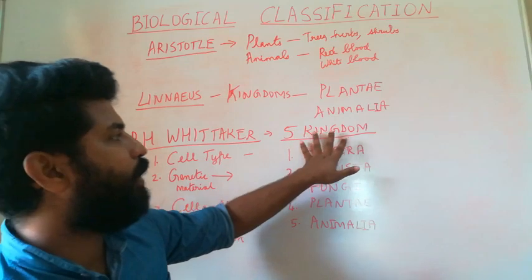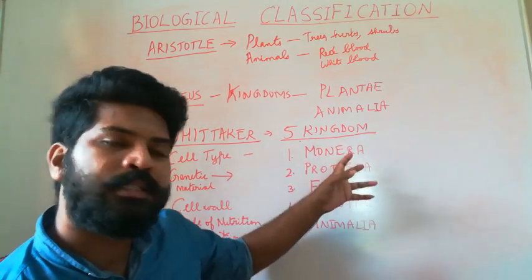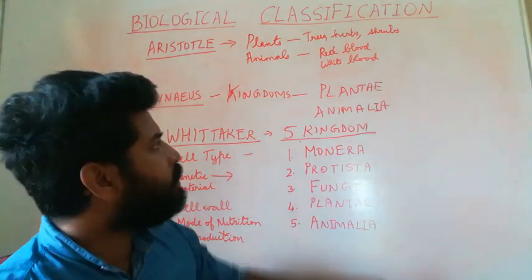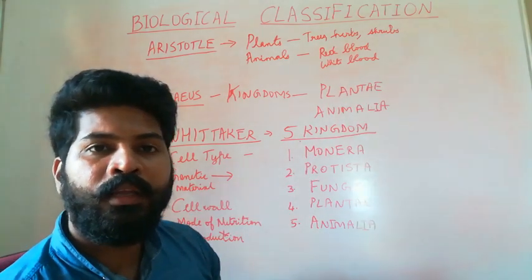This is the Five Kingdom System of Classification. With this Five Kingdom System of Classification, the demerits of the Two Kingdom System of Classification were mostly covered up.